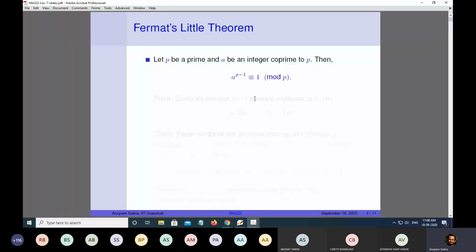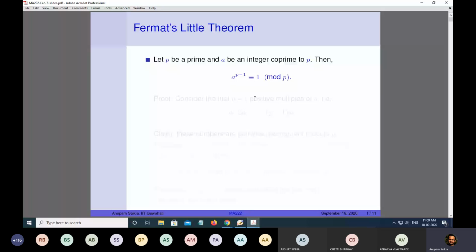Of course, we'll have to modify the statement. If I take a composite number, let's say 6, you don't expect, say, 5 to the power 5 to be congruent to 1 mod 6. It may or may not happen. So we have to modify the statement. In fact, if I take 6, then 5 is co-prime to 6, but 5 to the power 5 is like 5 square times 5 square times 5. 5 square is 25, which is 1 mod 6.